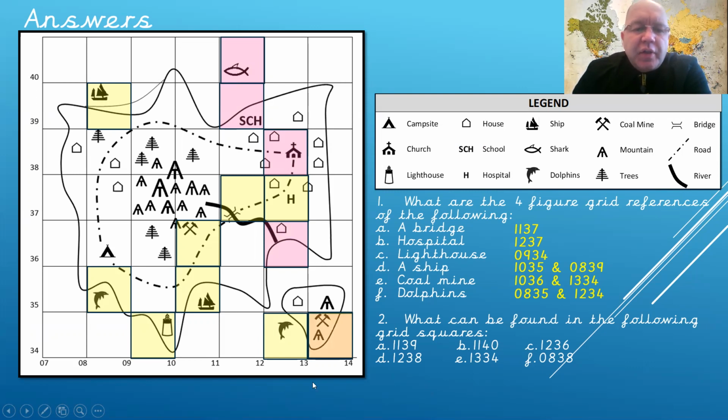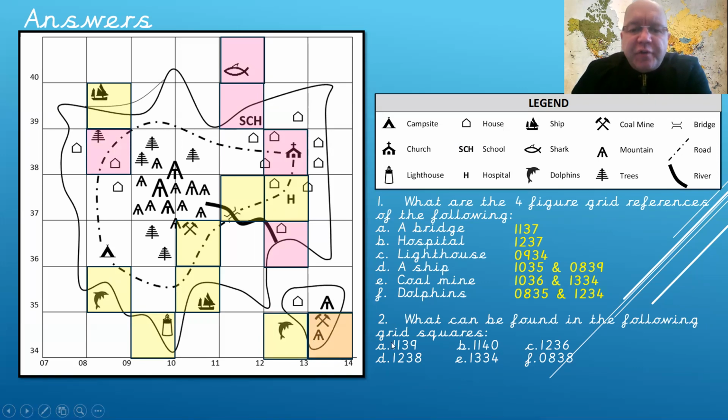E is 1334, and that's double up, so it's down in this corner again. So we've used this square already, and we can see that there's a mountain, and we can also see that there's the coal mine. So 2 possible answers there. And 0838, here we've got the tree symbol, which means there's some trees there, and a house and a road. So any of those 3 options would get you the mark for that one.